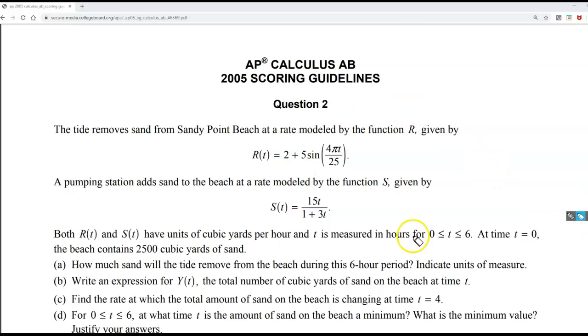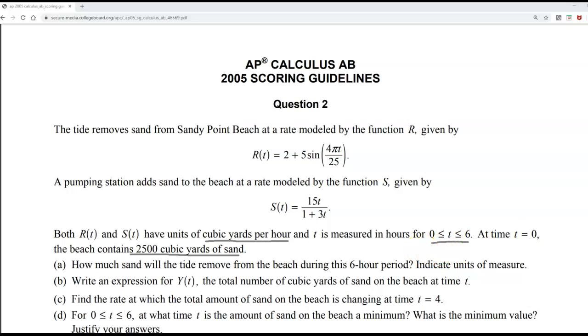They also tell us here the units. The units are cubic yards per hour for these things here. They also tell us the time interval 0 to 6, and they tell us that the starting amount at t equals 0 is 25 cubic yards of sand.